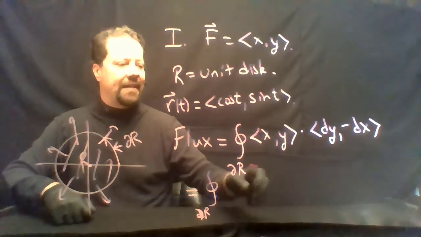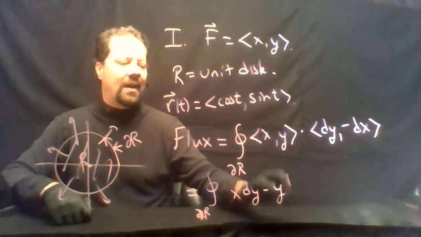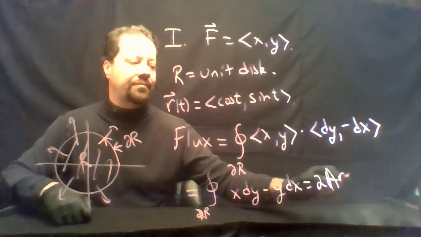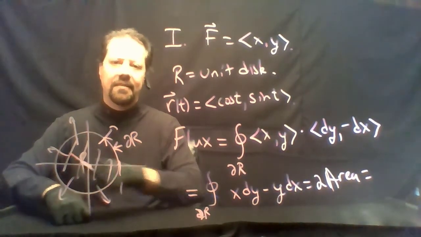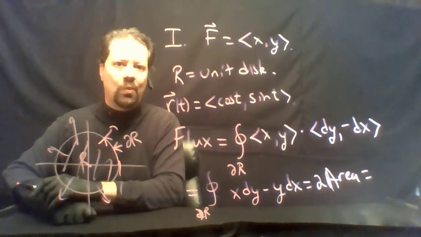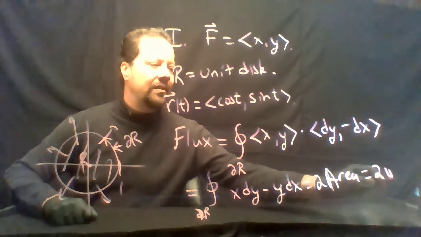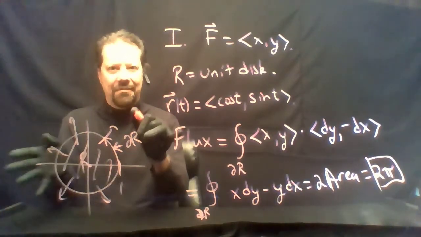We're integrating around the boundary of the region x dy minus y dx, which is twice the area. The area of the unit disk is pi r squared, pi times 1 squared, that's just pi. We get 2 pi units for the flux, a positive flux.